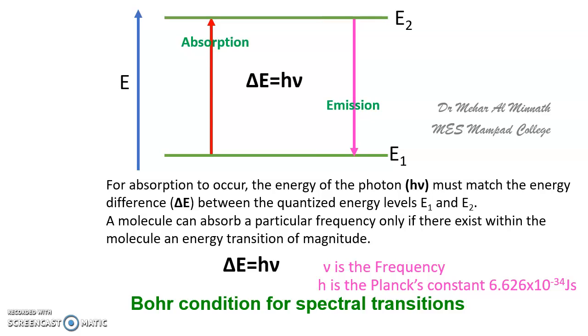Here h is the Planck's constant, and nu is the frequency of the radiation. It can be related to wavelength; you can put it as hc by lambda. We have seen this in our earlier videos.